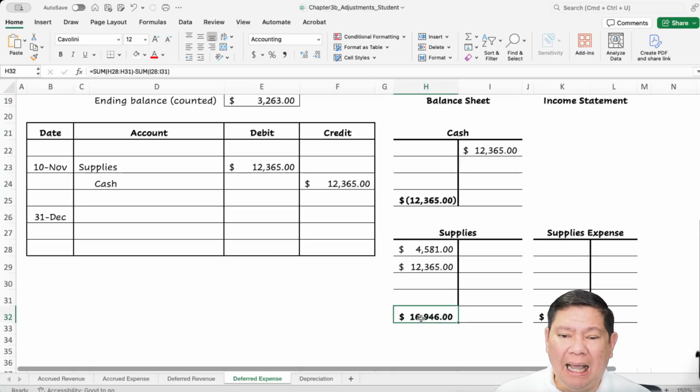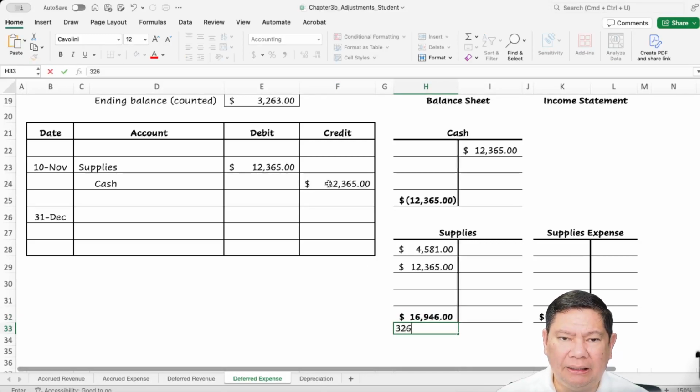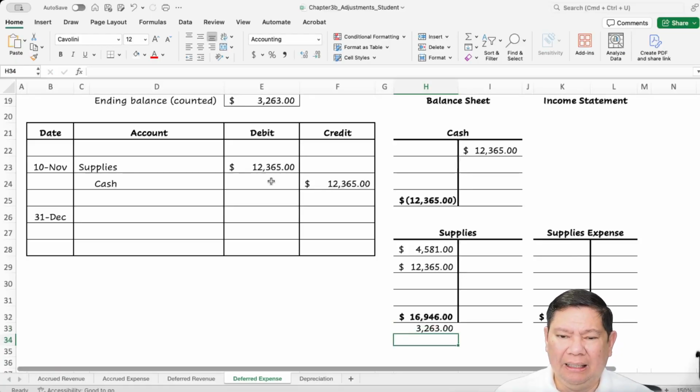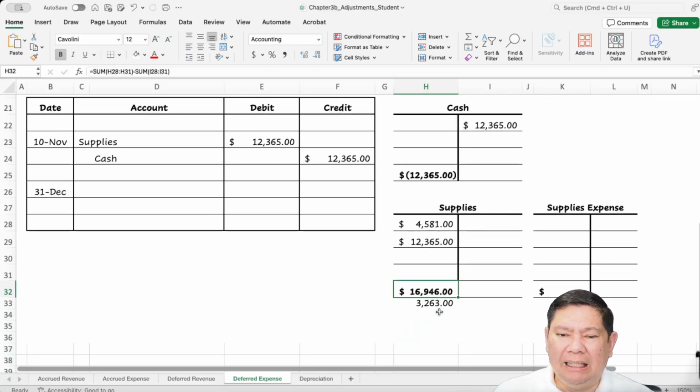However, at the end, we see only $3,263 here. Instead of $16,946, the count shows there's only $3,263 supplies. So that is not accurate. We have to make that accurate by recognizing the supplies expense for the supplies that have been used.